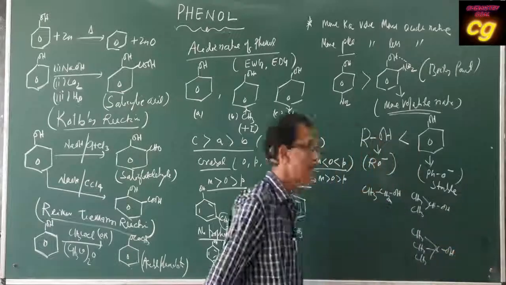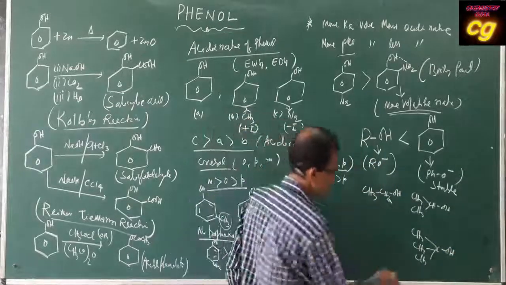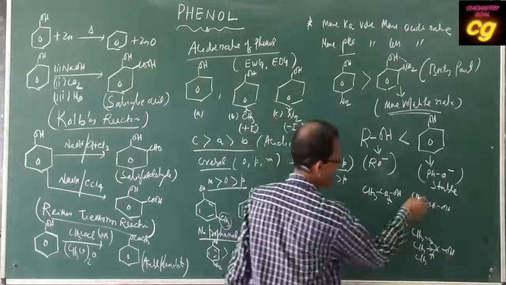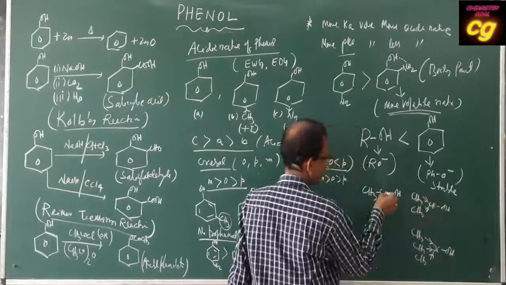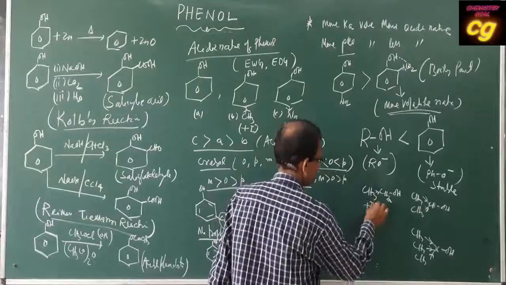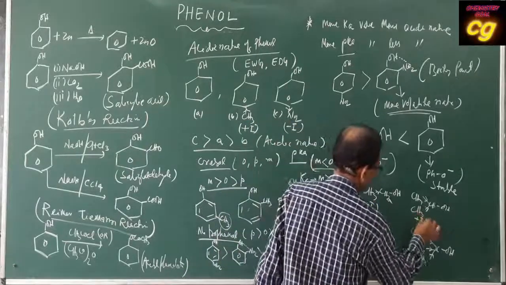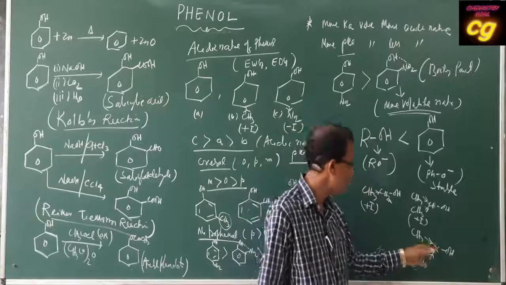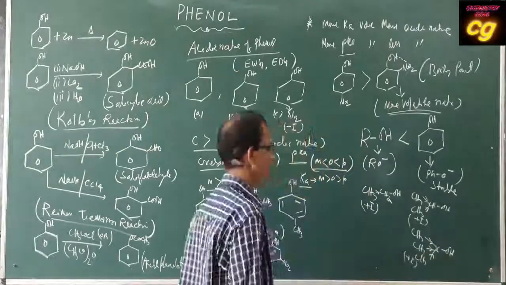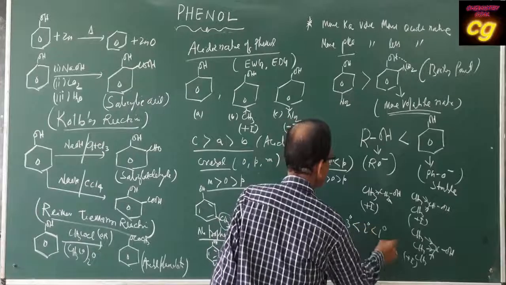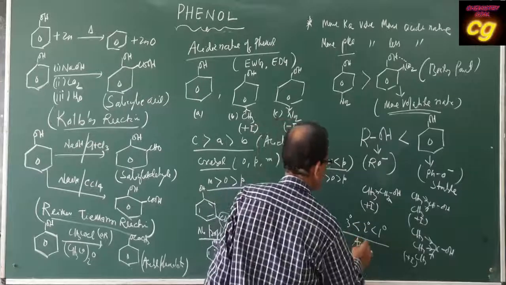If you compare the acidic character, here 3 plus I effects are there, here 2 plus I effects, here only 1 plus I effect. As the number of plus I effects is more, acidic character is less. So tertiary is less than secondary, less than primary in acidic nature.